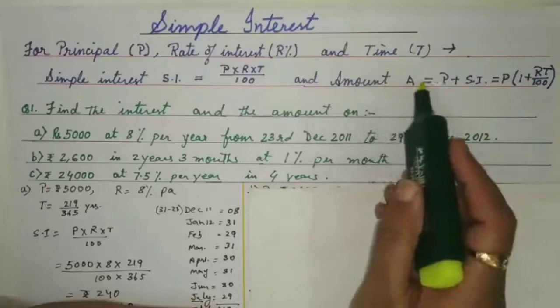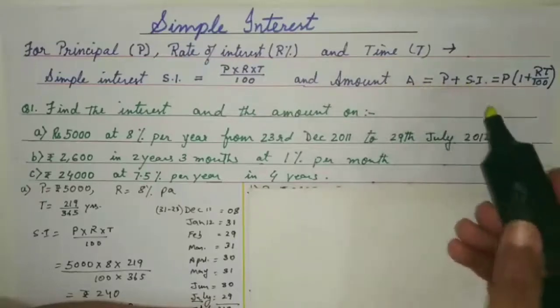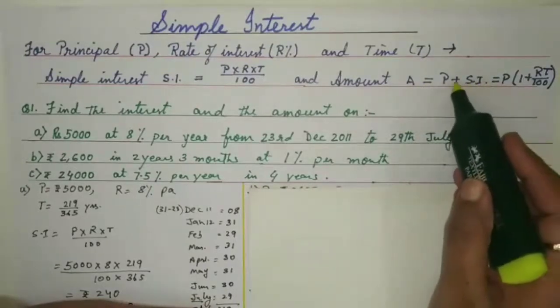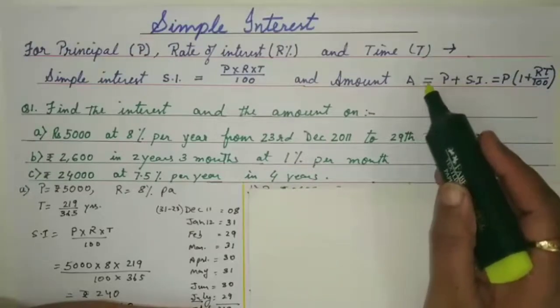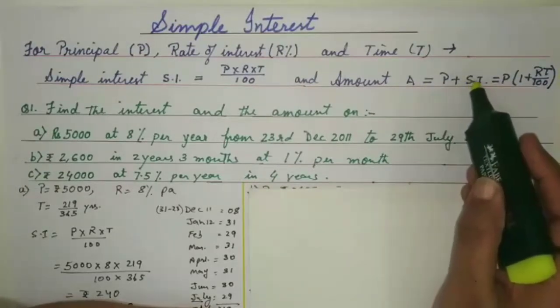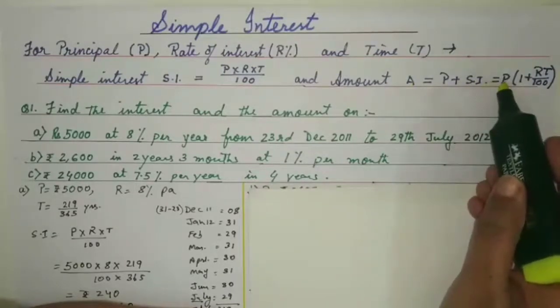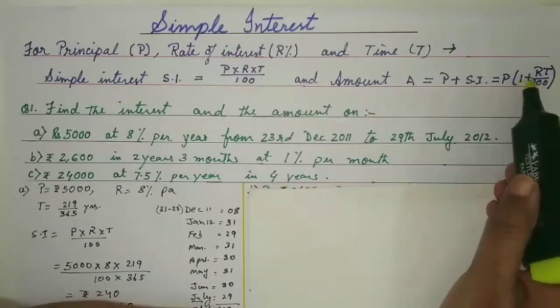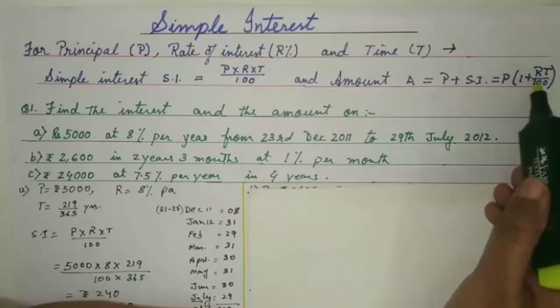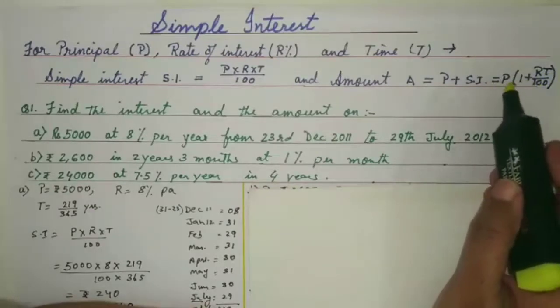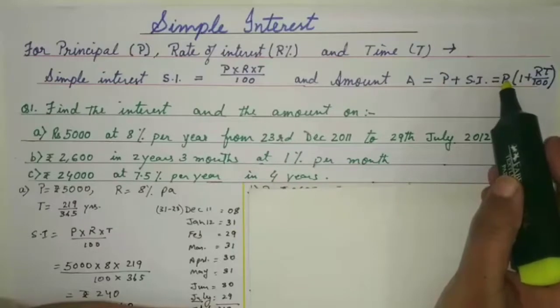And amount is principal plus SI, or suppose SI is not given to you, then amount can be found out by this formula: P within bracket 1 plus RT by 100. So this is probably a formula which was not done last year.